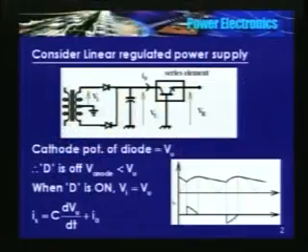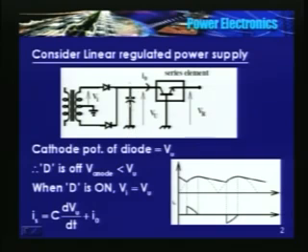What is the circuit? The circuit is very popular and very simple. If I want a 5 volt power supply, I will use a step down transformer, maybe a 7-0-7 transformer, and rectify it using 2 diodes, full wave rectification.